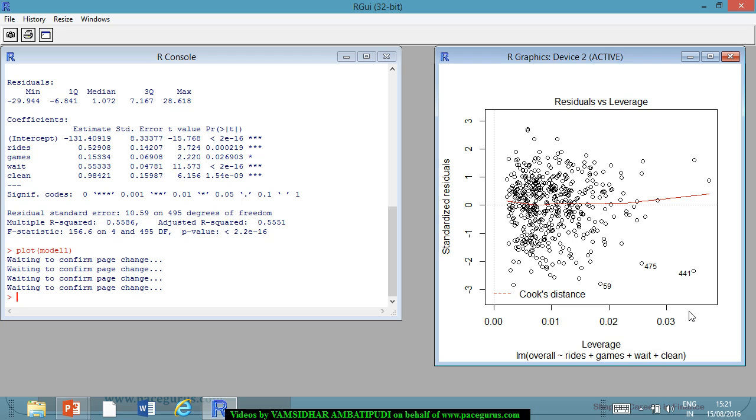When I say leverage is much higher, there is a good chance that when I remove those particular values, they may have an undue influence on the coefficients. They have a very big change on the coefficients, so the extent to which they are contributing to the coefficient is much higher.